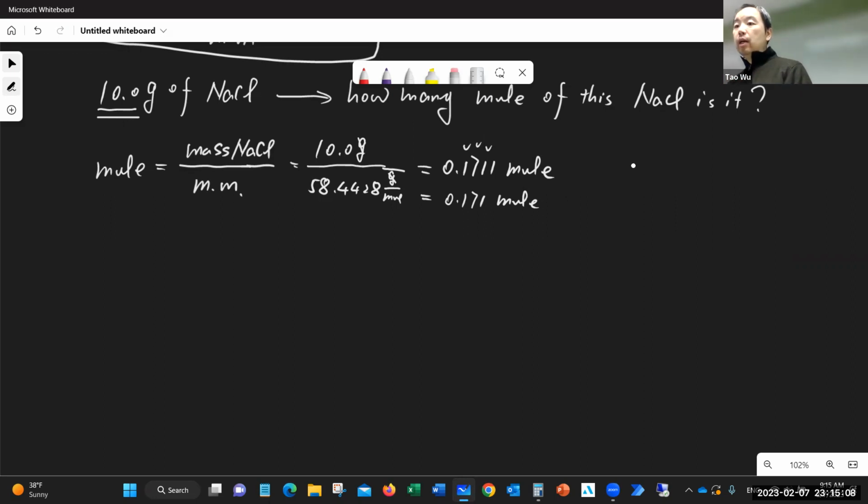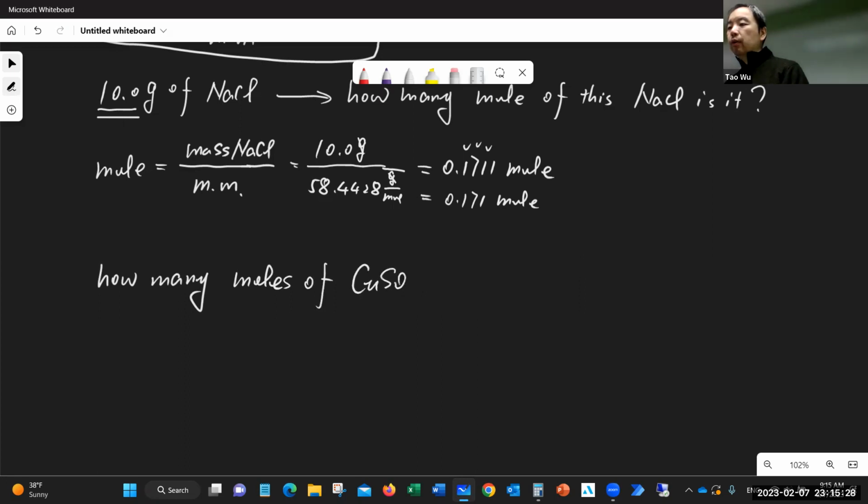Now go ahead and work on these two calculations. We have two questions. How many moles of copper sulfate pentahydrate is 100.0 gram?